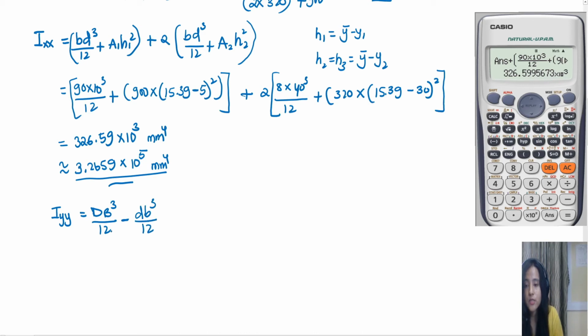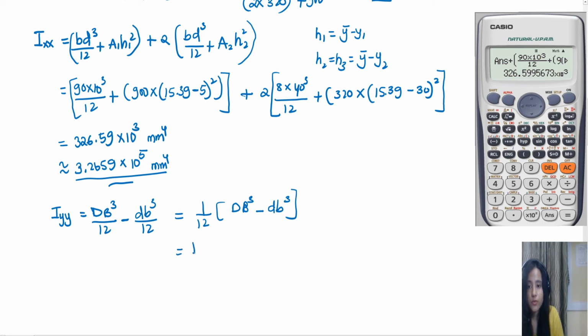Now this capital DB cube by 12 signifies the outer rectangle, and this one the inner rectangle, right? So what do I have? If I take common out 1 by 12, the formula becomes DB cube minus small db cube, right?